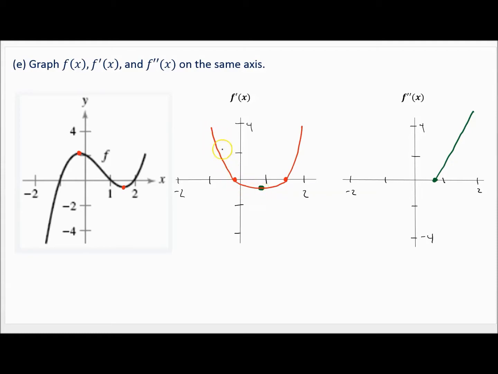So everything to the left of that 0 point, which is right there, is a negative slope. So it's got to be negative over here. And there we go. Again, this is just rough. This is not exact, but rough, and that's it. So original function, first derivative, second derivative. Pretty cool, huh? Okay, well that wraps up this video.